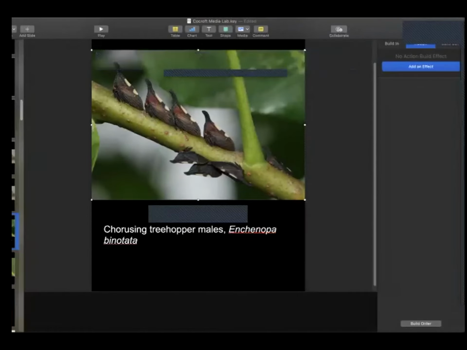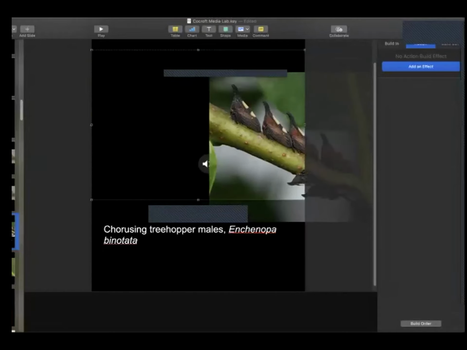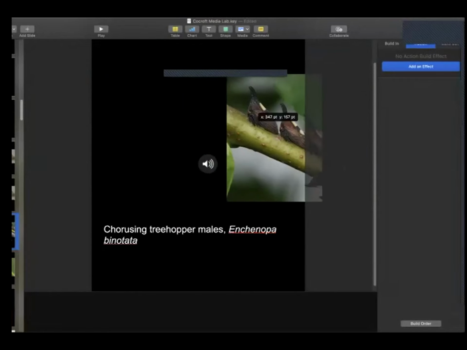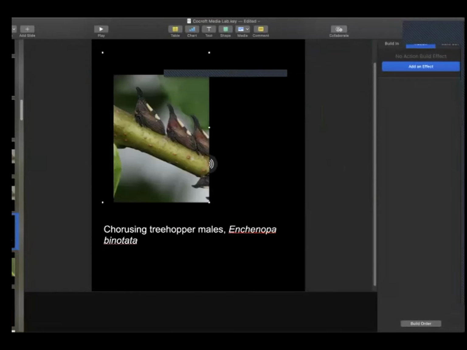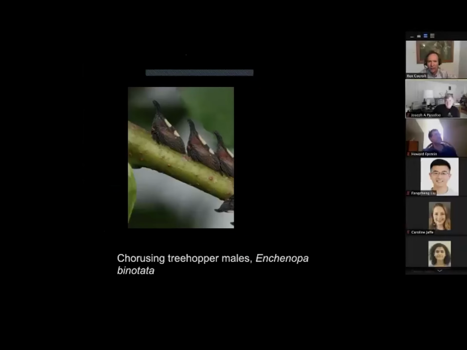This is a chorusing tree hopper. Well, I'll just let you hear the sounds by animating it. Not very insect-like for what you're probably thinking about.